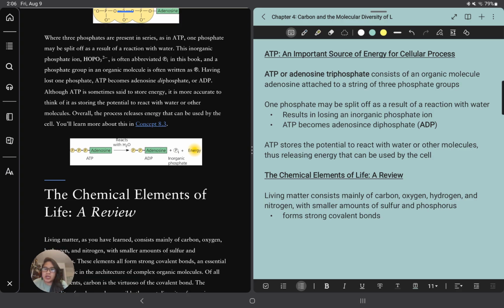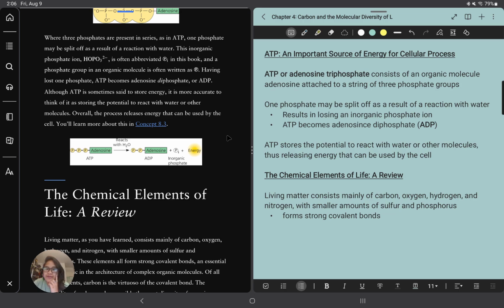As in ATP, 1 phosphate may be split off as a result of a reaction with water. This organic phosphate ion, HOPO3 2 negative, is often abbreviated in this book as P. This little P here is often abbreviated this way in this book. And a phosphate group in an organic molecule is often written as this P in a circle.